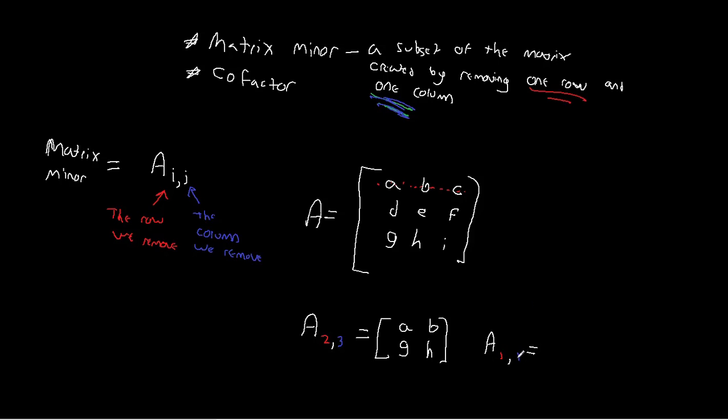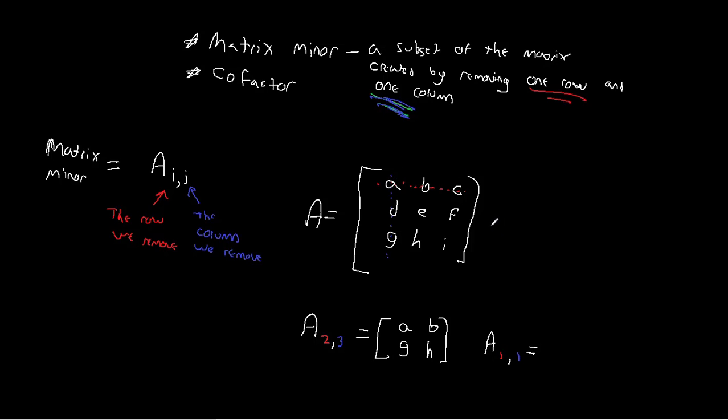This one is telling us to remove the first column, so we would remove this column. Again, the first number here is the row that we remove. The second number here is the column that we remove. So in this case, we're removing the first row and the first column.